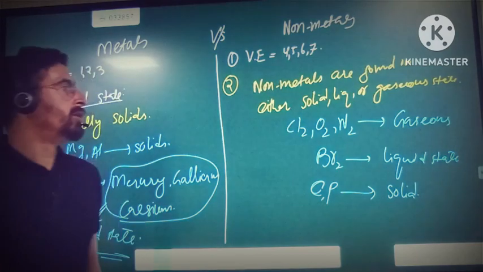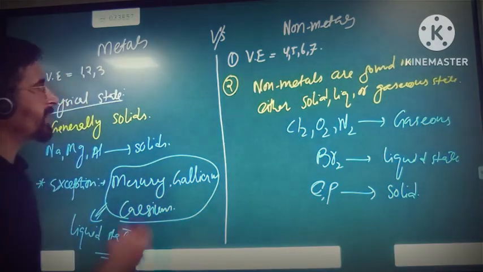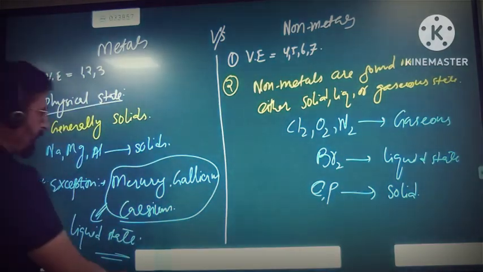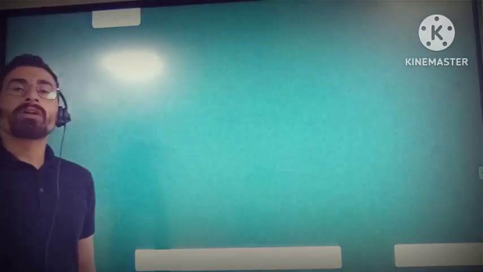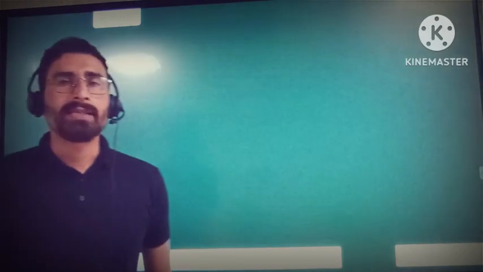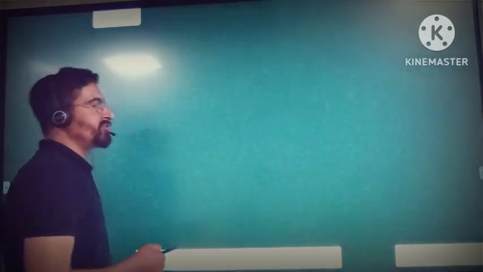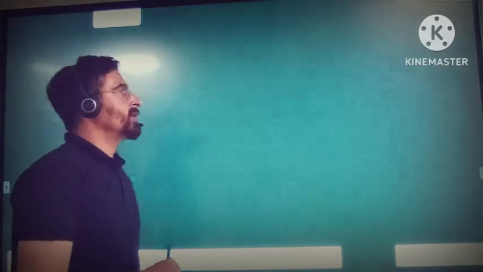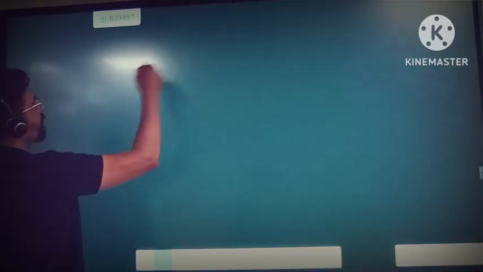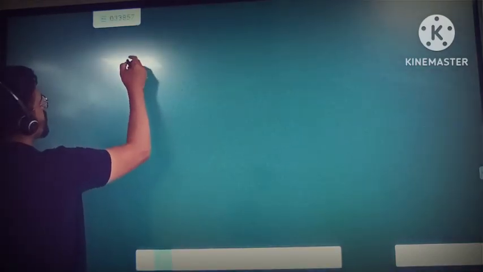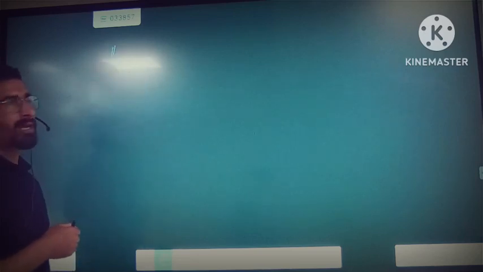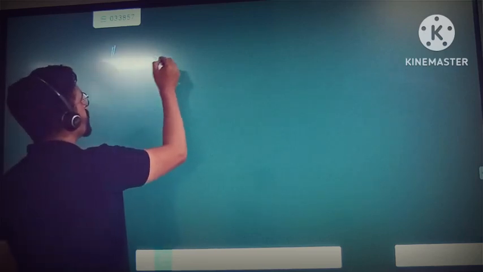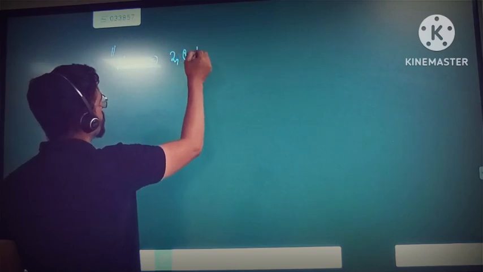Okay, guys. So what is the reason behind this? I can further explain it to you. Why are metals generally found in solid state and non-metals in liquid or gaseous states? So why is it so? If we talk about metals, let us take this example of sodium. Sodium, its atomic number is 11 and its electronic configuration will be 2, 8, and 1.